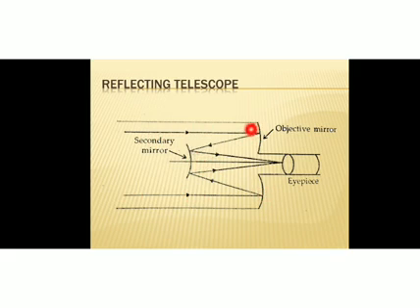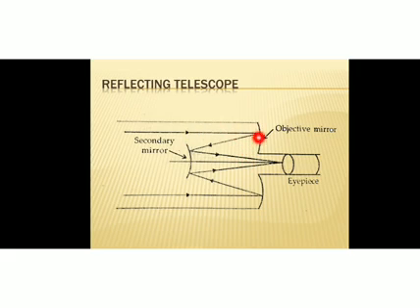See, these parallel rays are reflected, and these reflected rays are incident on the small secondary convex mirror. So before these rays come to the focus, they are reflected by the small convex mirror and are converged to a point just outside the hole.